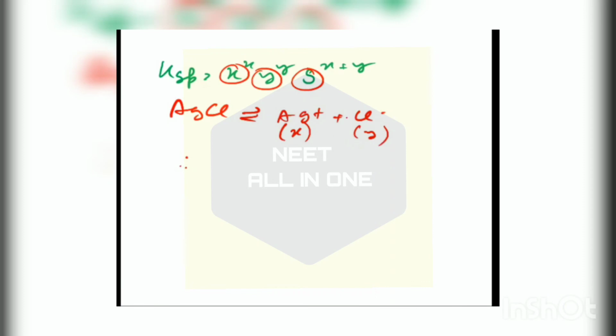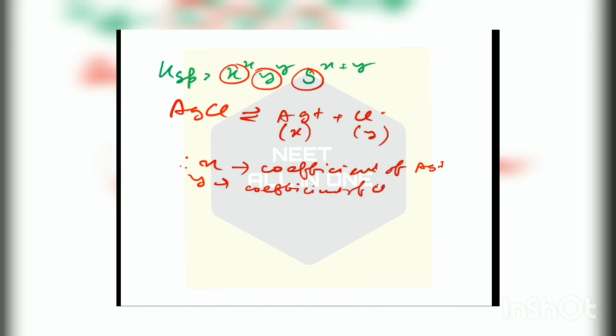So x is the coefficient of Ag plus, and y is the coefficient of Cl minus.